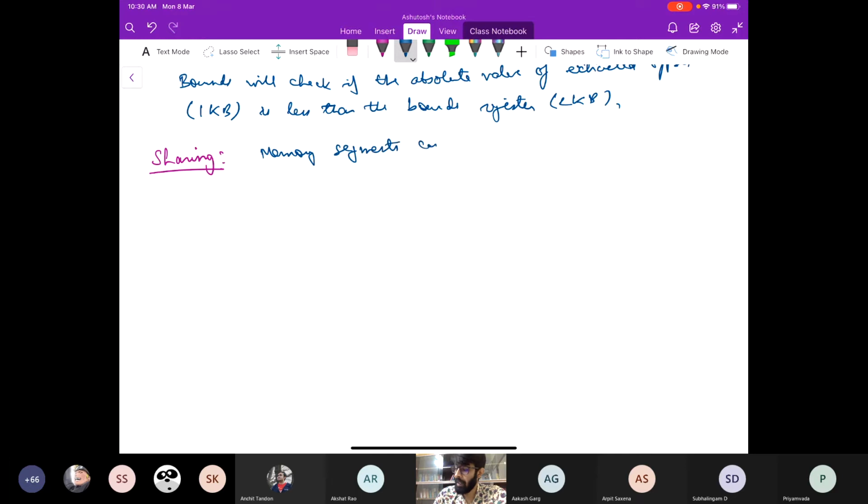Memory segments can be shared across different processes. One particular example of this is code sharing, where processes share some code. And again, more hardware support is needed.